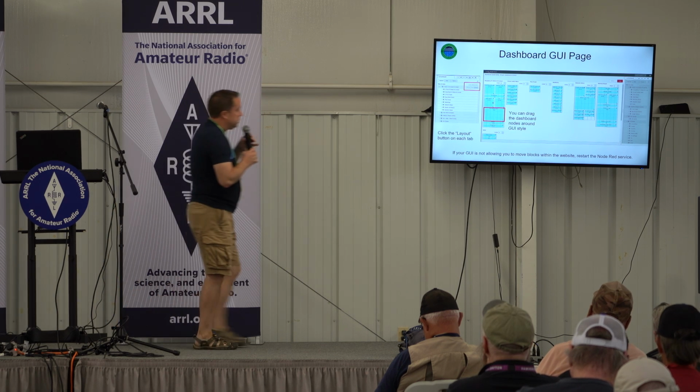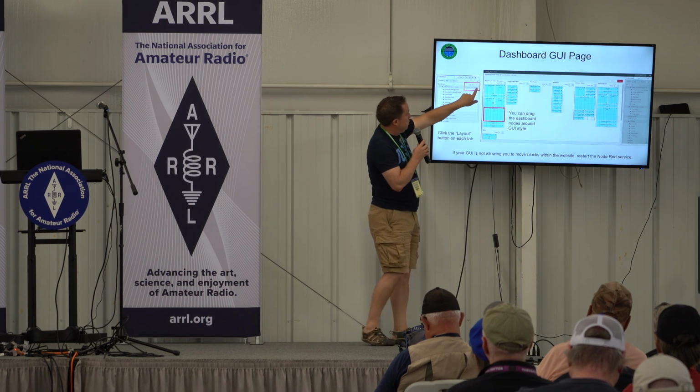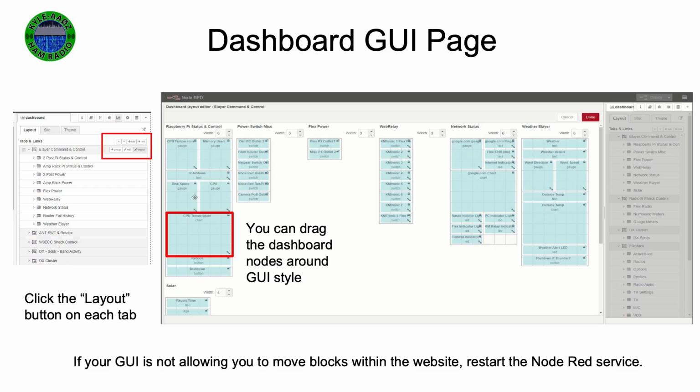Then whenever you hit the layout button in the dashboard, it's going to show you a GUI of all of your dashboard. This is the really cool part, where you can drag and drop all of your dashboard nodes, and you can resize them and make them all pretty on your dashboard.